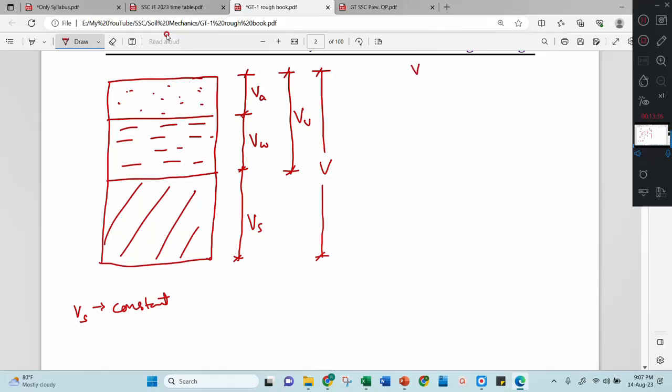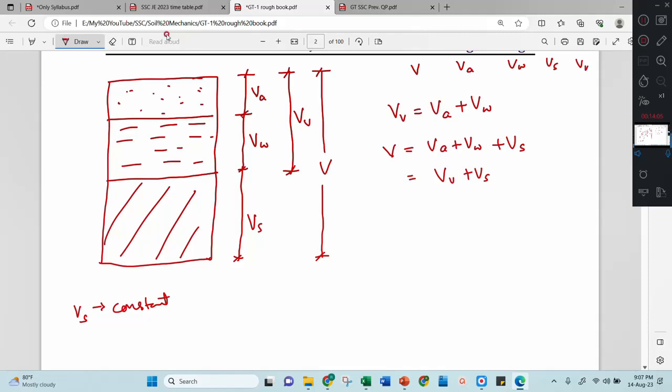V is the total volume, then volume of air, volume of water, volume of solids, and volume of voids. Now I can write an equation: volume of voids equals VA plus VW. Then the total volume I can write as VA plus VW plus Vs, or as VV plus Vs. This is your total volume.